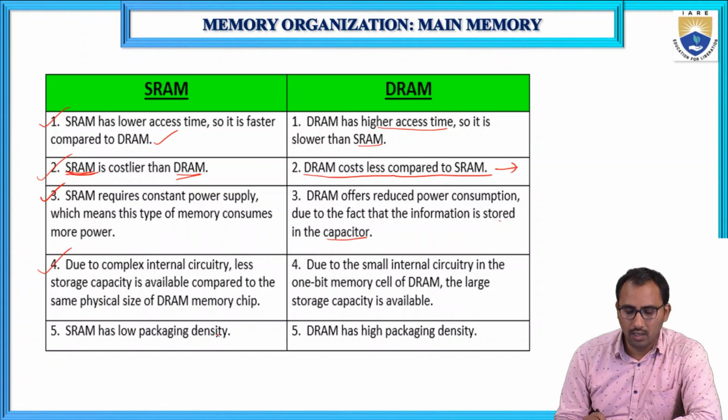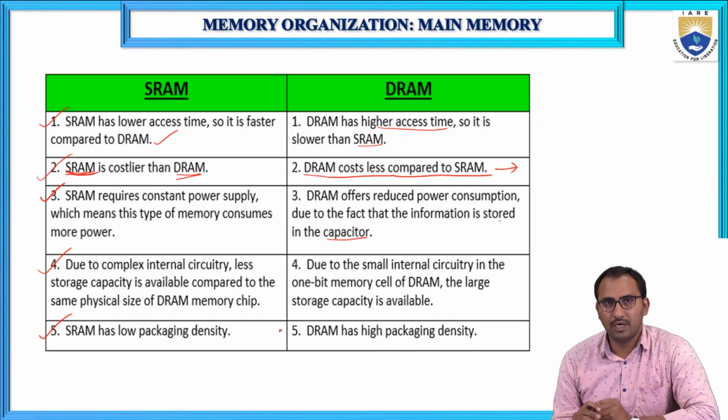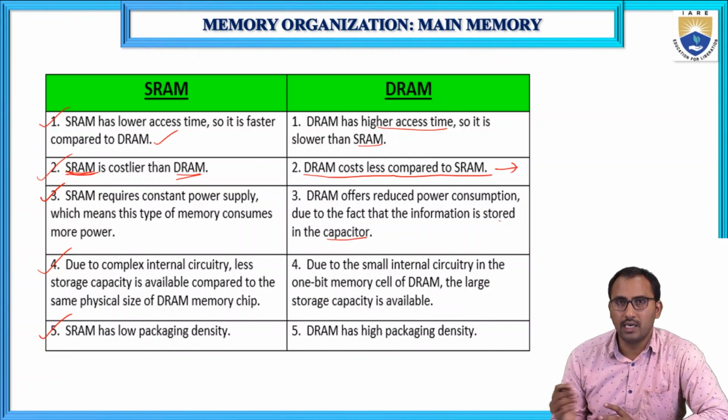Fourth, due to complex internal circuitry, less storage capacity is available compared to a DRAM memory chip of the same physical size. And fifth, SRAM has low packaging density and the DRAM has high packaging density. So these are the differences between the SRAM and the DRAM.